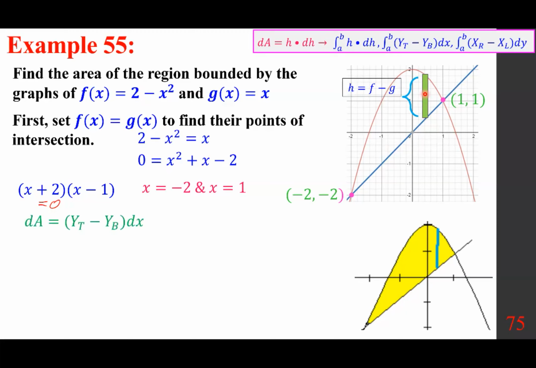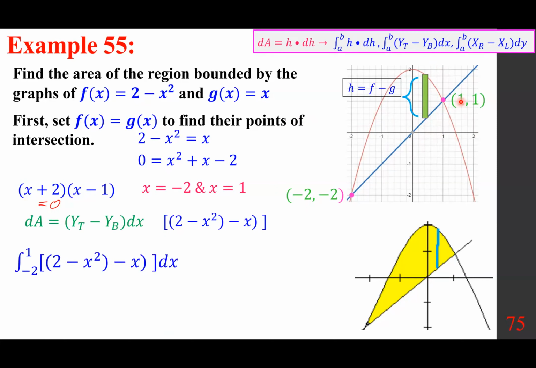The reason is dx is because you sweep this rectangle across the x-axis. So this width is dx, and this height is f minus g: 2 minus x squared minus x. And we are going to evaluate the integral from the x coordinate of this point to the x coordinate of this point.